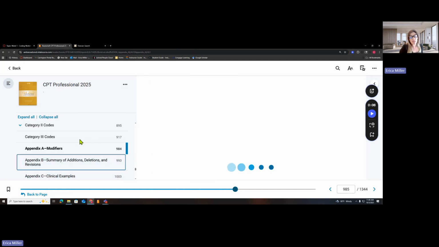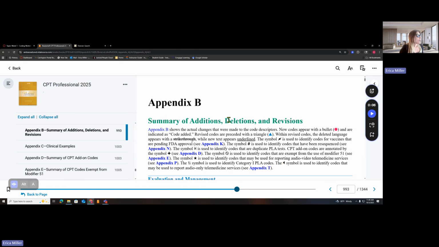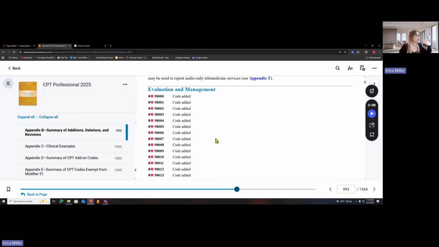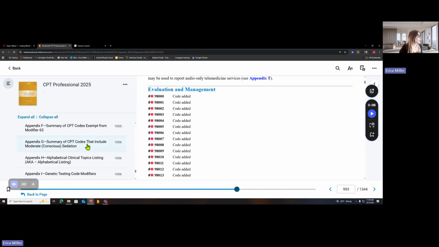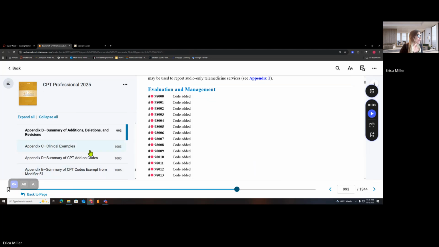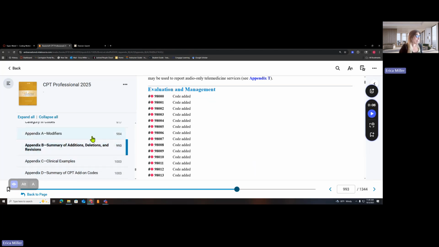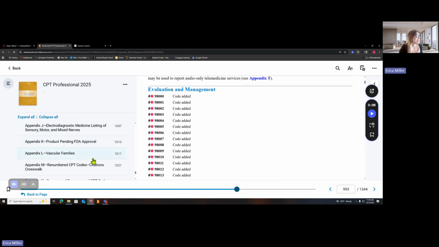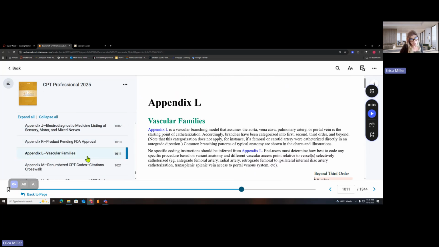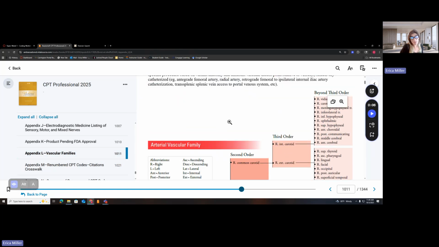Appendix B is just a list of all the new codes, deleted codes, revised codes, codes that are exempt from modifier 51, 63. These are all really, really specific appendixes. And to be honest, in all my years of coding I pretty much stick with Appendix A. I don't know that I've really used a lot of these appendices, but if you work for a cardiovascular surgeon, you would definitely be using Appendix L a lot, right?